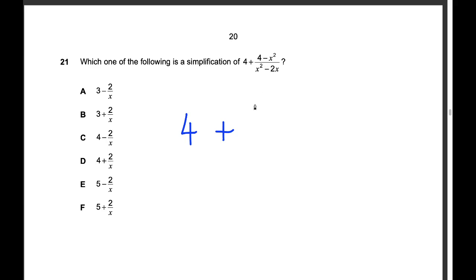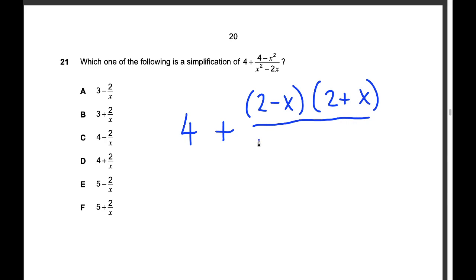Ah, it's a difference of 2 squares on the top, so I can make that a 2 minus x, and 2 plus x. It took me quite a while to spot that difference of 2 squares, but it is there. So on the bottom, you can factorize this as well and make it x minus 2, and 2 minus x, and x minus 2, they are just the same, right? One of them is the negative of the other.